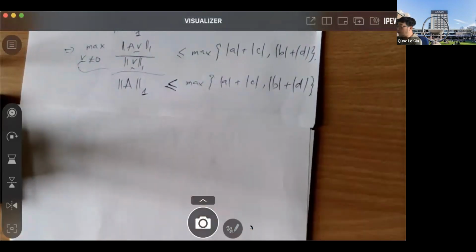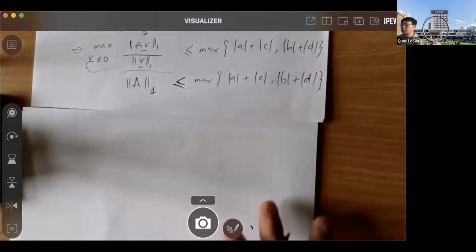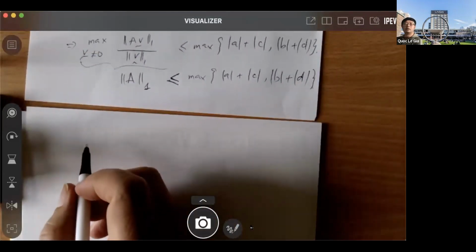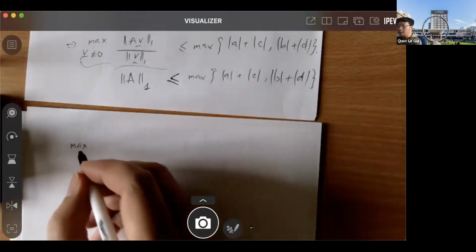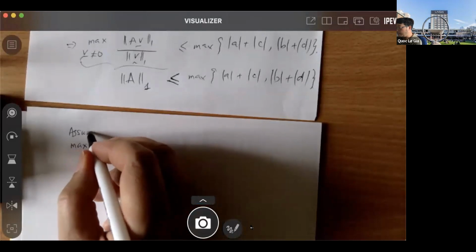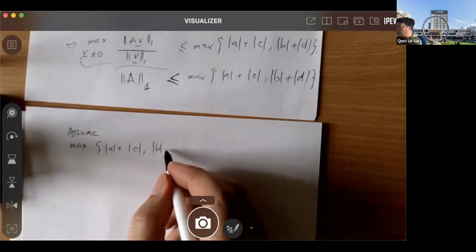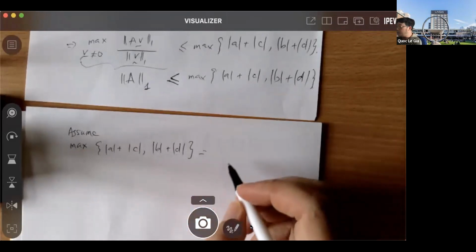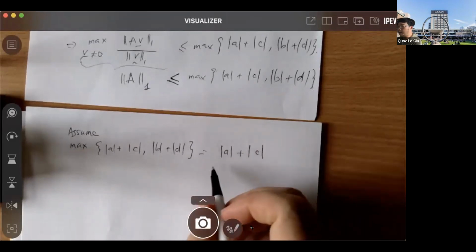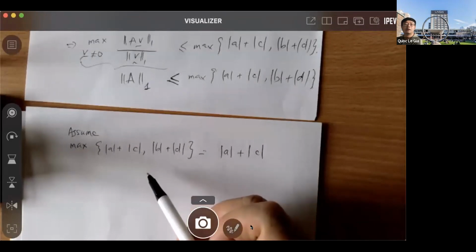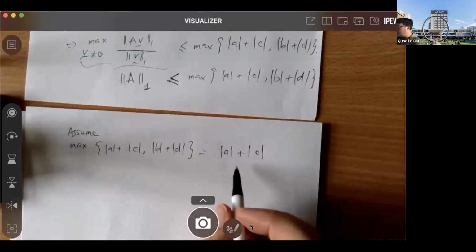In order to show that equality can happen, you choose a special V. Without loss of generality, assume that the first column gives you the max value of the two, the max of the absolute values of A plus C, and B plus D. Then you choose the vector V so that AV is exactly this.